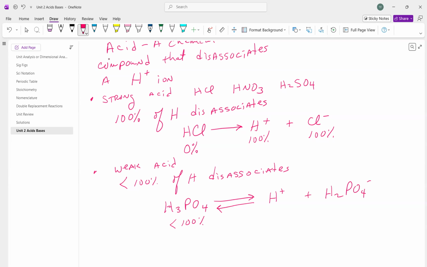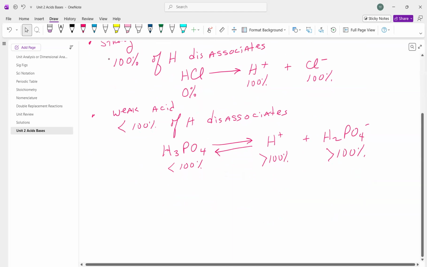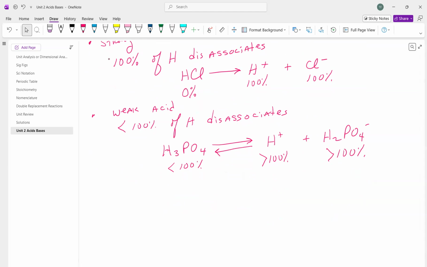So here's the acid part here. Now, if the chemical has an H in it, it could be an acid. Could be.